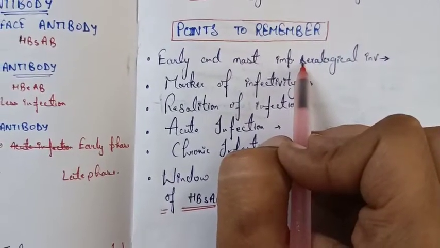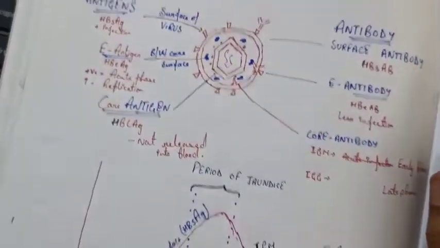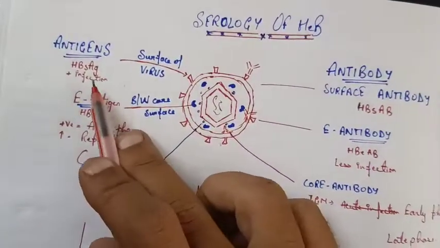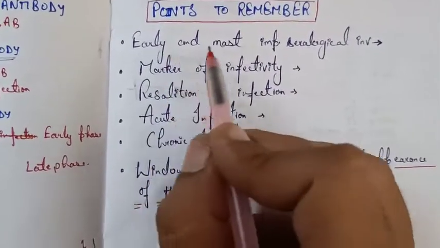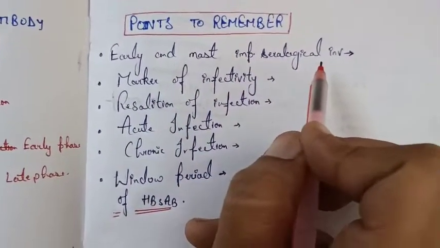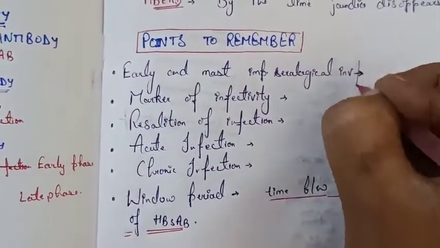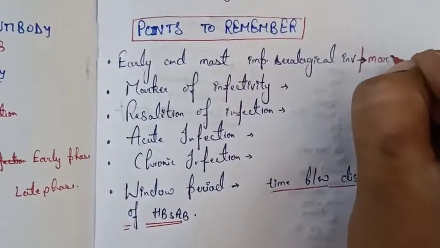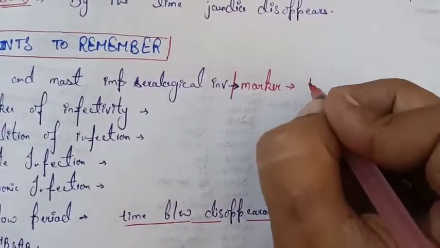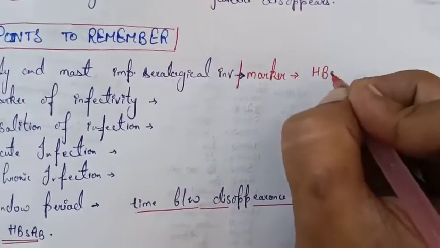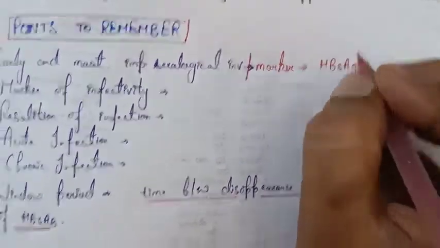Try to remember. It was surface antigen, HBsAg. So the answer to this first question is hepatitis B surface antigen.